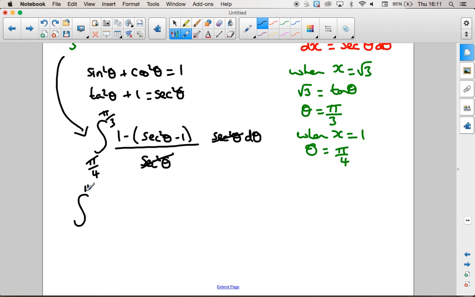So that then gives us, still between pi over 3 and pi over 4, just this top expression here. And if I get rid of the brackets, I'm going to have 1 minus sec squared theta minus 1. So that's 2 minus sec squared theta d theta. And now we're ready to integrate.